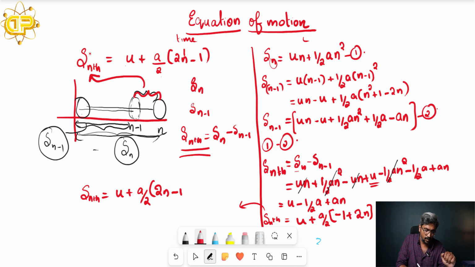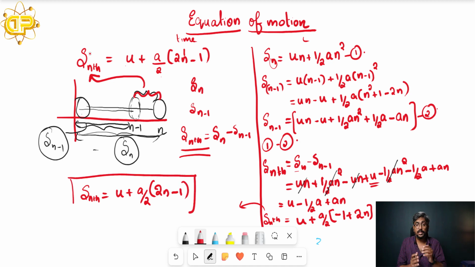So here comes the fourth equation: Snth is equal to u plus a by 2 into 2n minus 1. I hope that you got the point, how to derive the fourth equation, that is Snth.